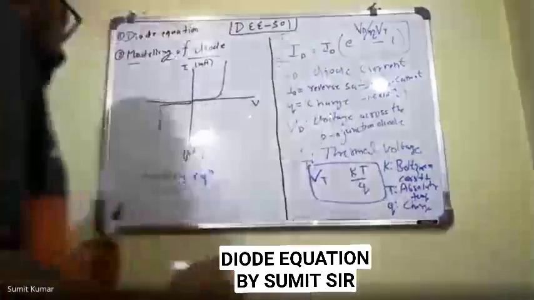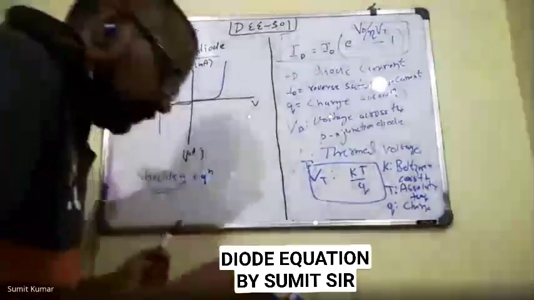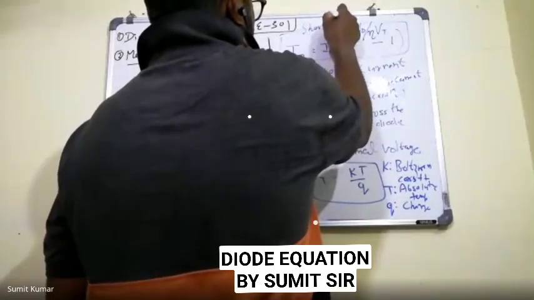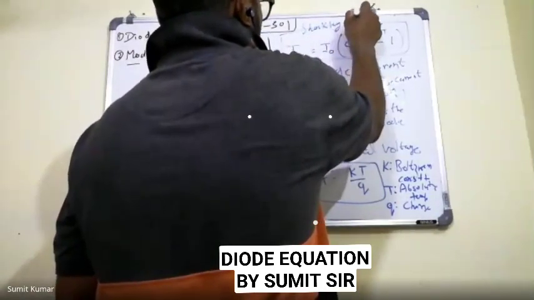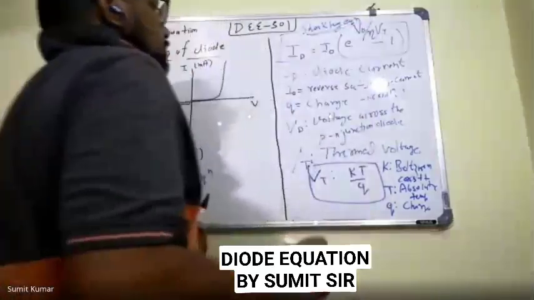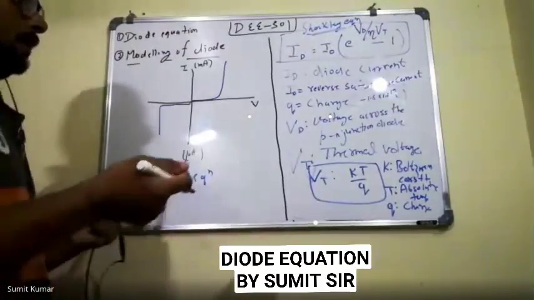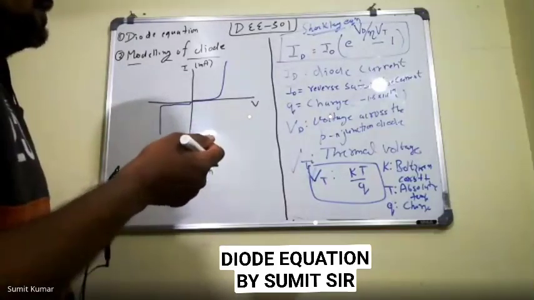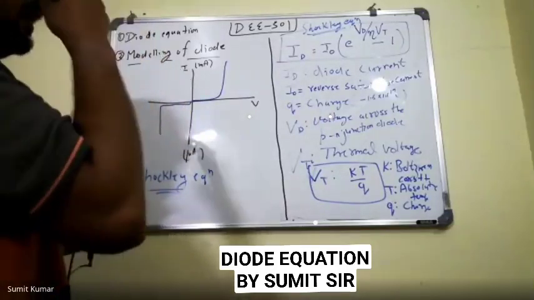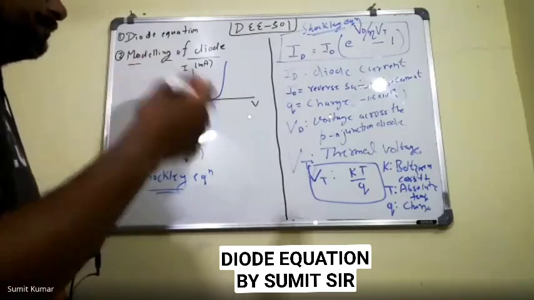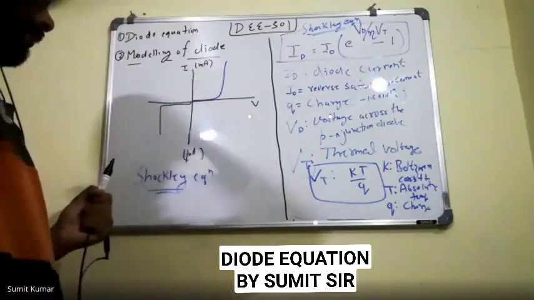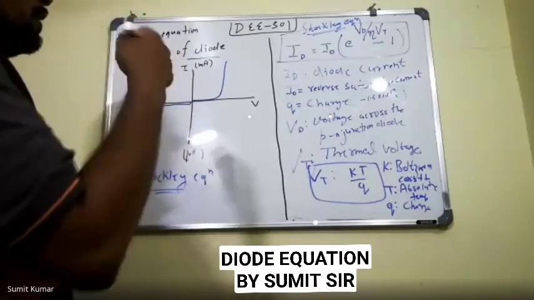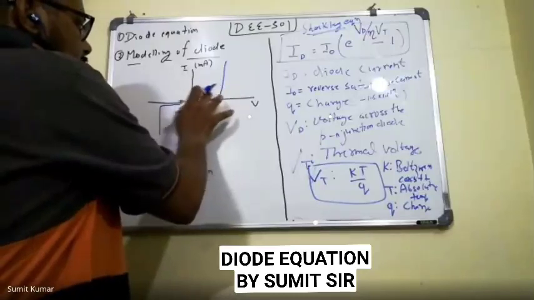Okay, so this is the Shockley equation which gives the diode current. Now we will try to analyze this equation, and we will try to find the currents at different voltages, and then we will try to find whether this equation is governing these characteristics or not.